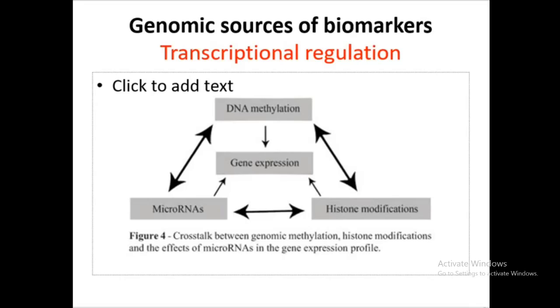So that would be one example of how microRNAs may be a target. The same with DNA methylation. If there's a gene that we know is demethylated in normal healthy tissue, but methylated in disease, then by that rationale, we could use that to try and target as an indication of disease or disease severity.